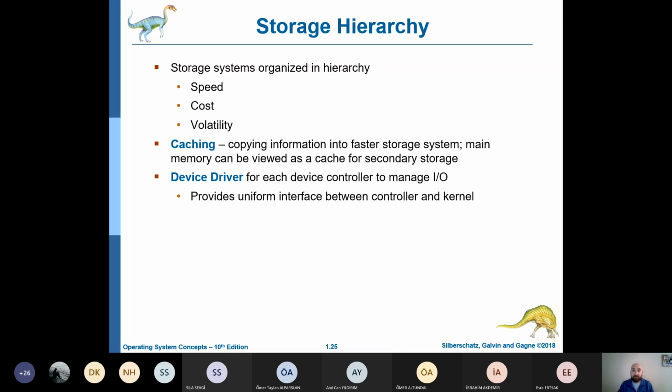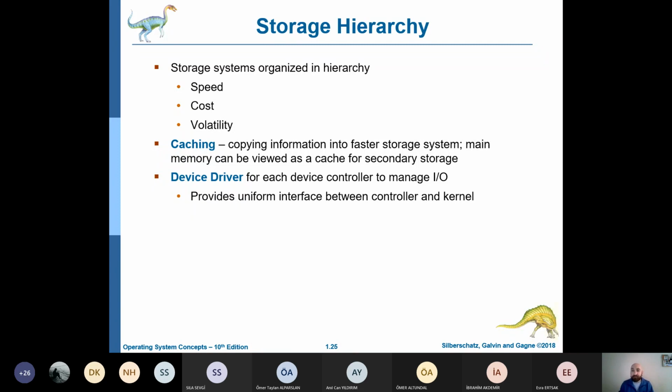Okay. The wide variety of storage systems can be organized in a hierarchy according to storage capacity and access time. As a general rule, there is a trade-off between size and speed, with smaller and faster memory closer to the CPU. So we know that the registers we use on CPUs are faster, and the secondary storage, let's say HDDs, are slower in that manner.